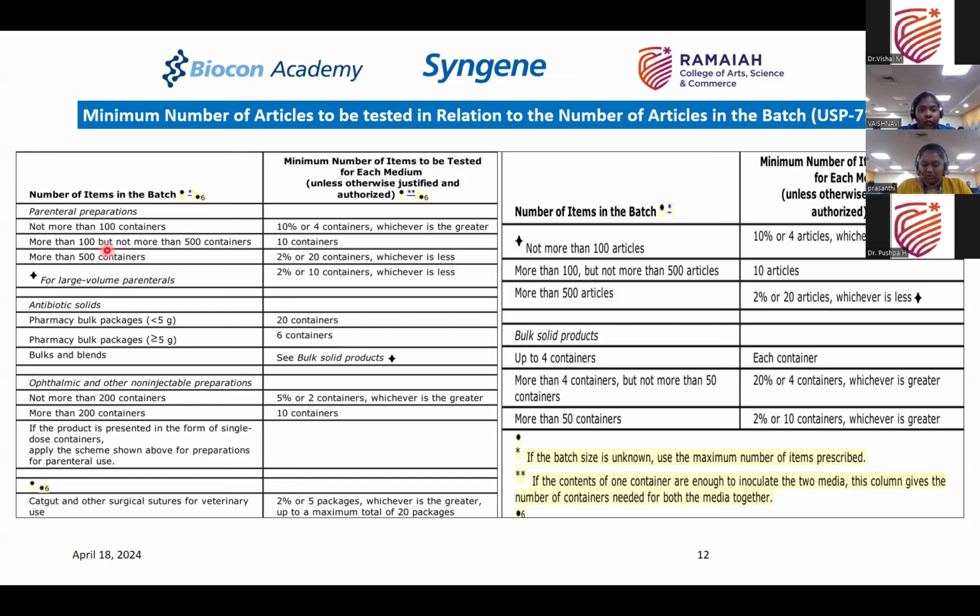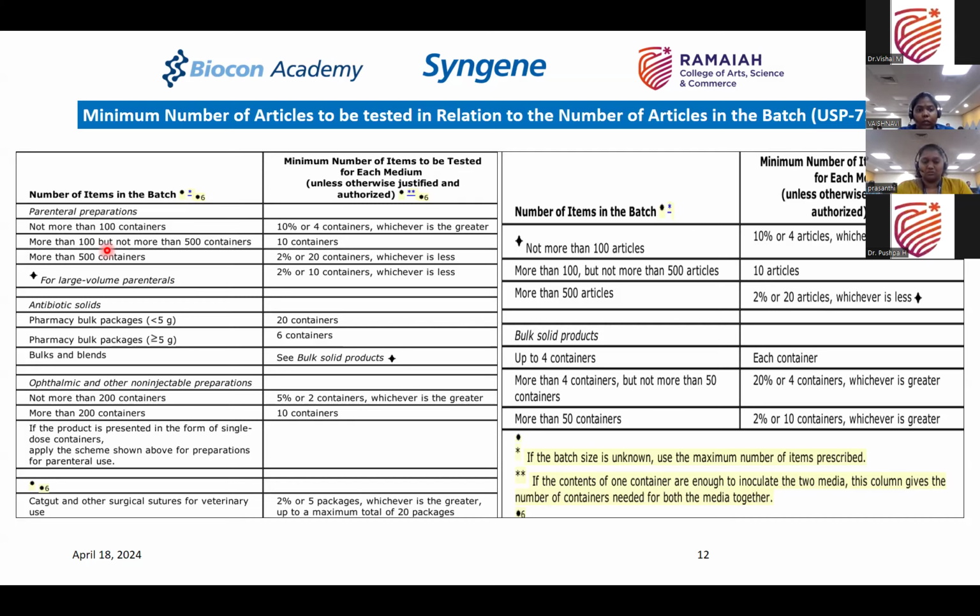If the batch contains less than 100 containers, then 10% of that or 4 containers has to be taken and subjected to analysis.